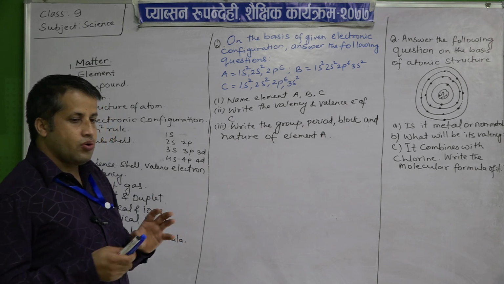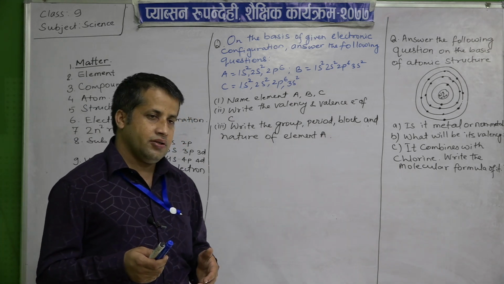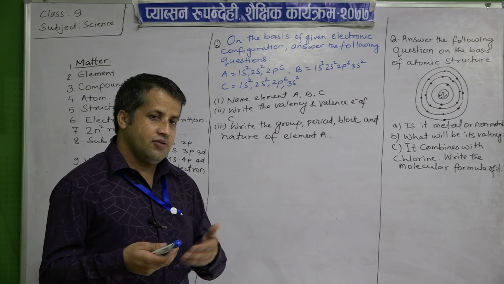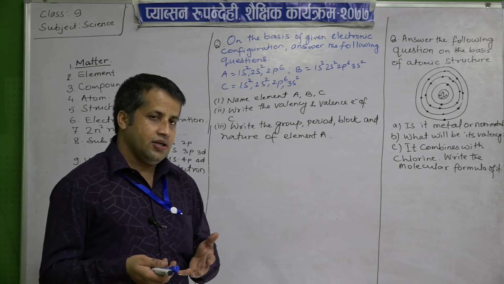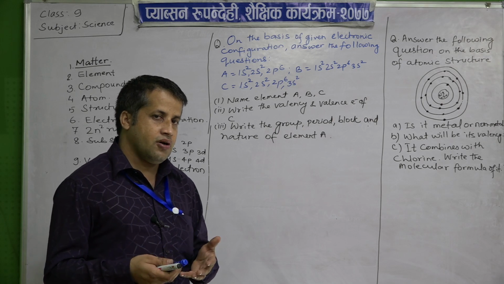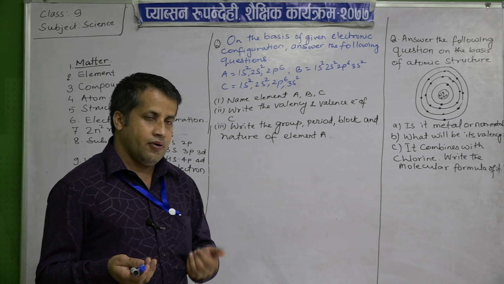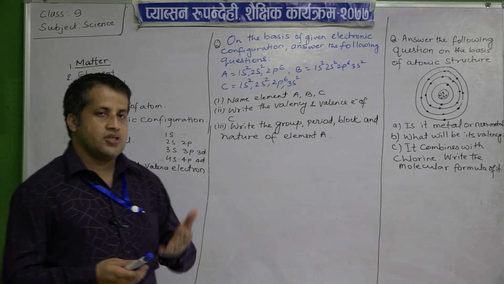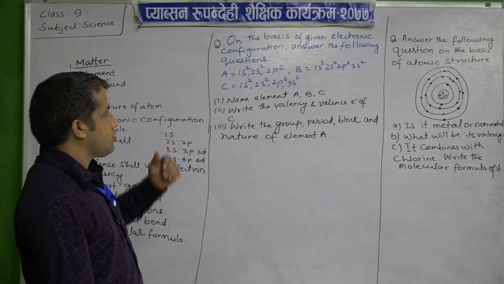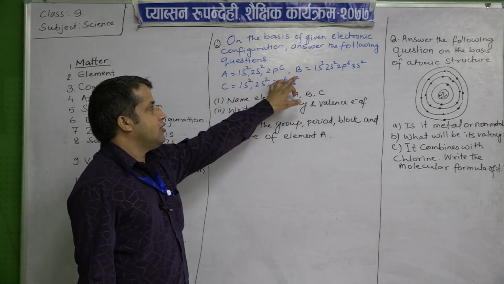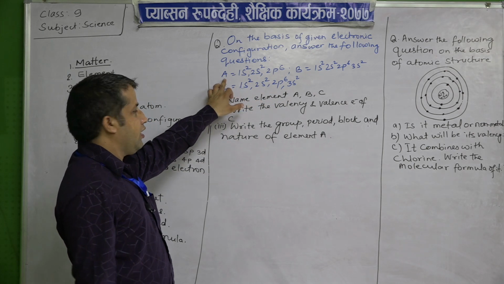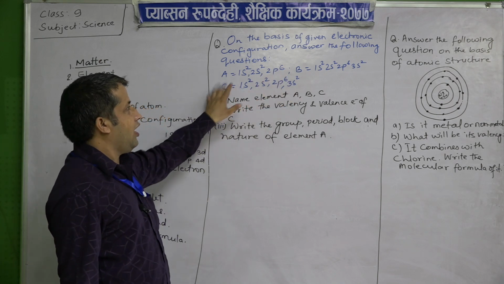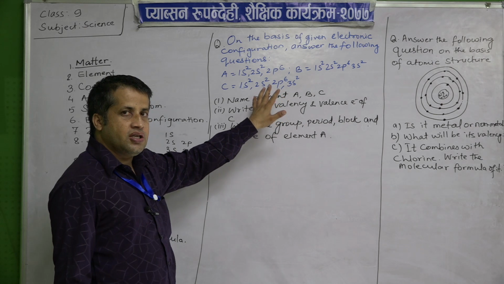The electronic configuration of different elements is given by naming them A, B, C or P, Q, R. Sometimes they give it with subshells or sometimes with shells, and then the questions follow. Here there are three elements, A, B and C, and their respective electronic configurations are given.